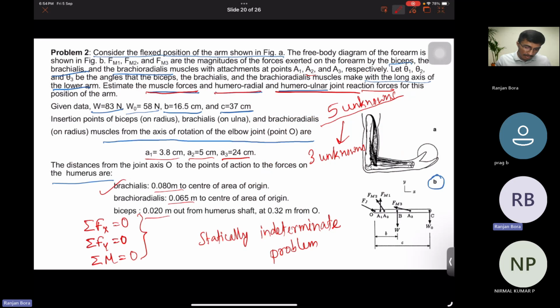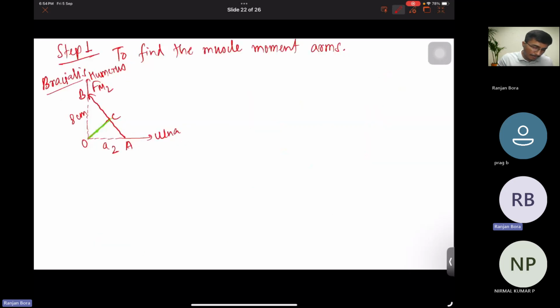A2 is given 5 centimeter, and we'll calculate this angle theta. Let this be theta 2. So how much will be tan theta 2?